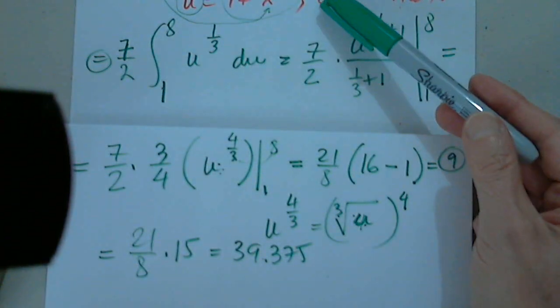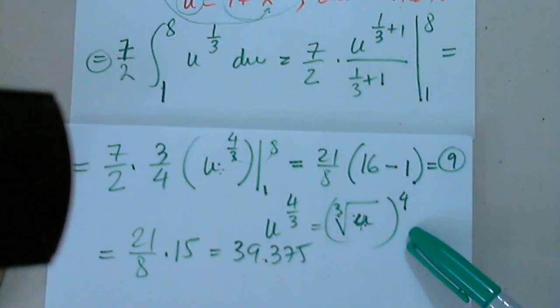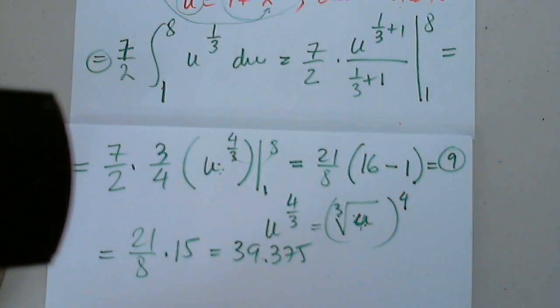We do not need to go back to x. Nobody cares. This is the final answer. And if you want, we can go and check. We have the integral from 0 to the square root of 7, of 7x times, careful with the cube root, the cube root of 1 plus x squared.